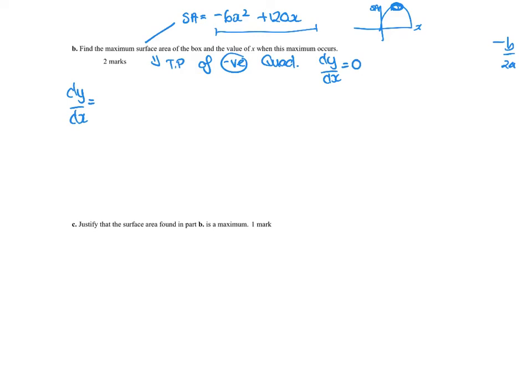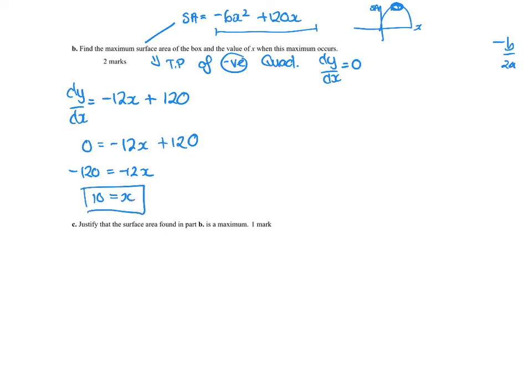So the derivative of this function would be negative 12x plus 120, and then you're going to let that equal 0. Okay, so then you get negative 120 equals negative 12x, so you see that 10 equals x. So the maximum occurs when x equals 10.